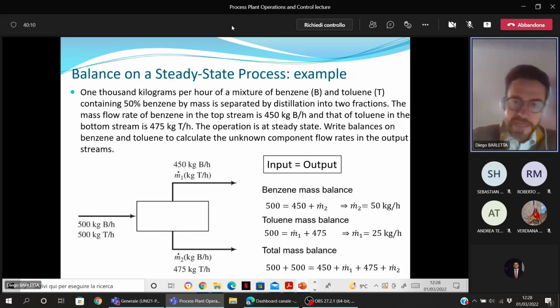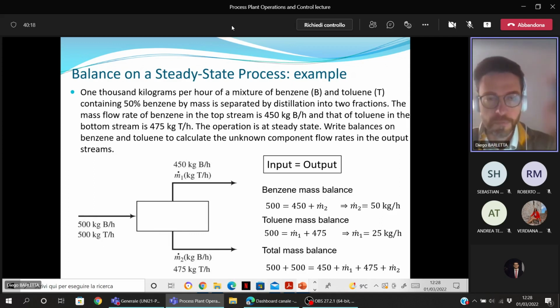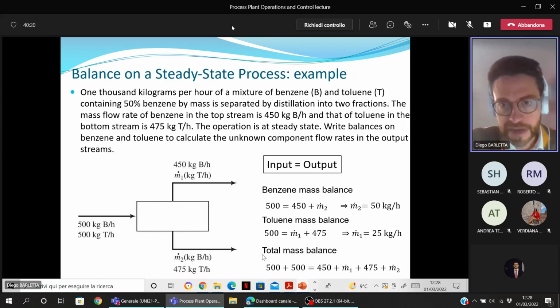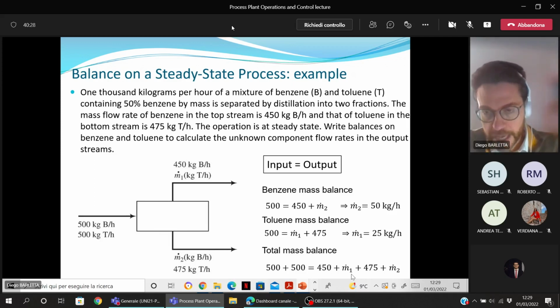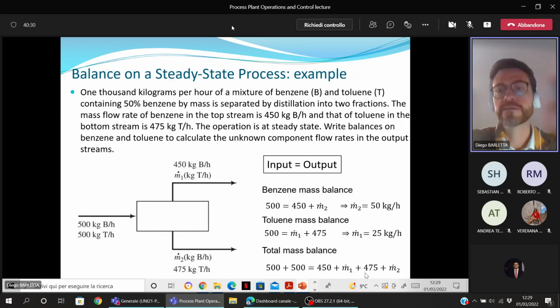Of course, we can also write a total mass balance considering the mass flow rate of both components entering, 500 plus 500, equal to what is leaving the unit. So it's 450 plus m.1 plus 475 plus m.2.